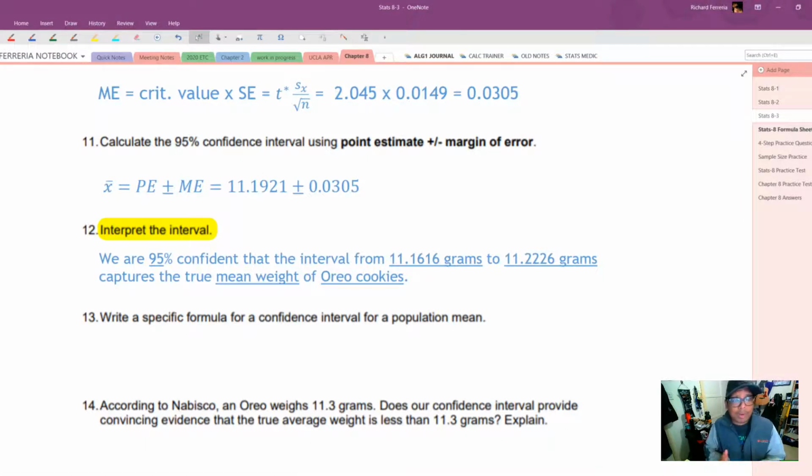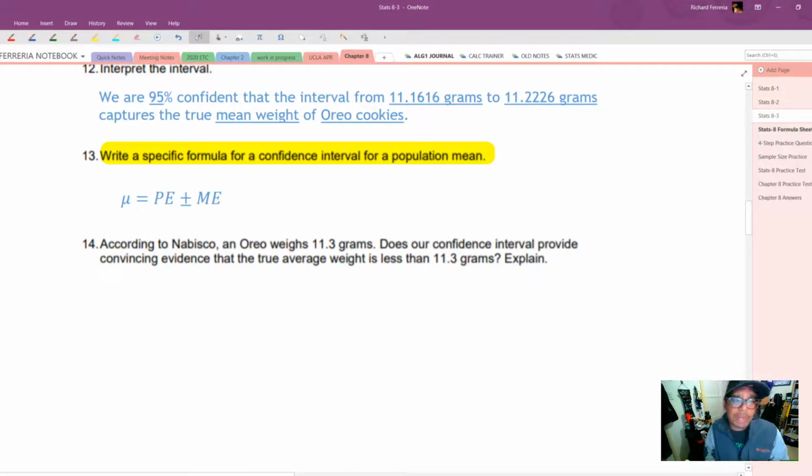As we were doing this process, hopefully you saw that it was really similar to the same process that we used for proportions. In fact, you could pretty much copy and paste the entire thing and make a couple of tweaks here and there, and that would give you the confidence interval for a mean. Write the specific formula for the confidence interval for a population mean. Well, let's start off with the formula for any confidence interval. That's the point estimate plus or minus the margin of error.